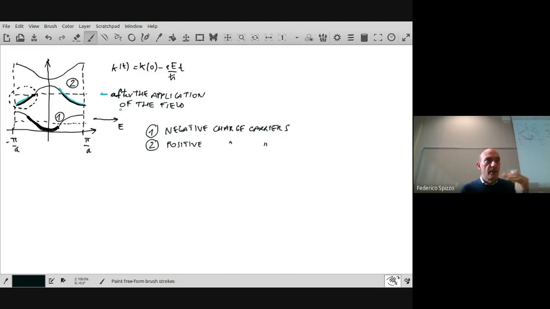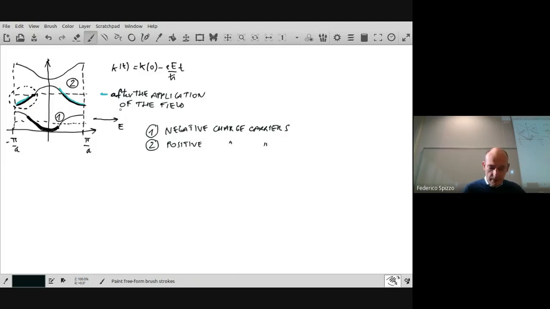So just the structure of the electronic band can change the behavior of the electrons, so they seem to be negative charged particles or positive charged particles, depending on the band you're considering. And to observe this effect from a quantitative point of view, we may use two different approaches.